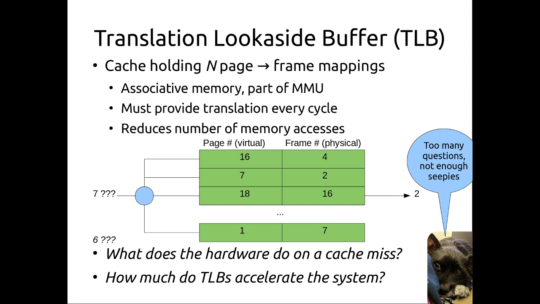We're obviously accelerating the system quite a bit, and you'll realize later that we're accelerating it even more than this, because most modern page tables, to do a lookup in the page table, it takes 2 to 4 memory accesses. So the TLB is saving us from an immense amount of work. We'll find out even later that on virtualized systems, it can save you up to 20 memory accesses. So again, TLBs, kind of killer, right?